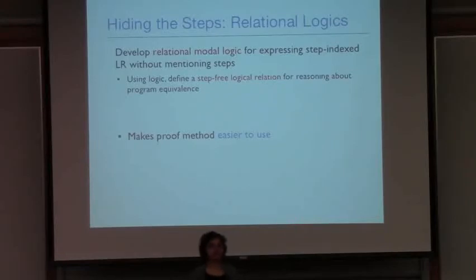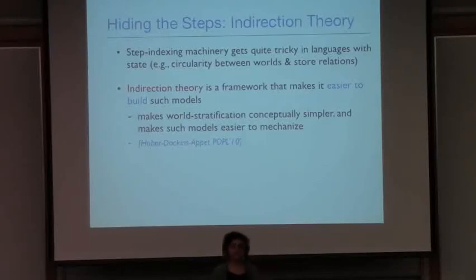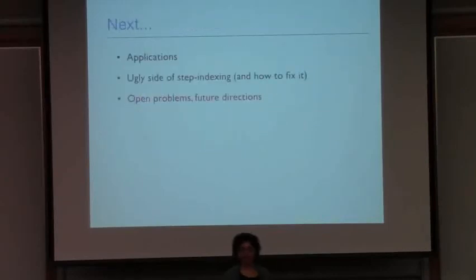That way you can use the logic to prove equivalence of programs and not have to worry about turning the crank with the logical relation itself. So this makes the proof method easier to use. This work makes these logical relations easier to mechanize. So if you're interested in mechanizing this stuff in Coq, go look this up: Hobor, Dockins, and Appel, POPL 10.